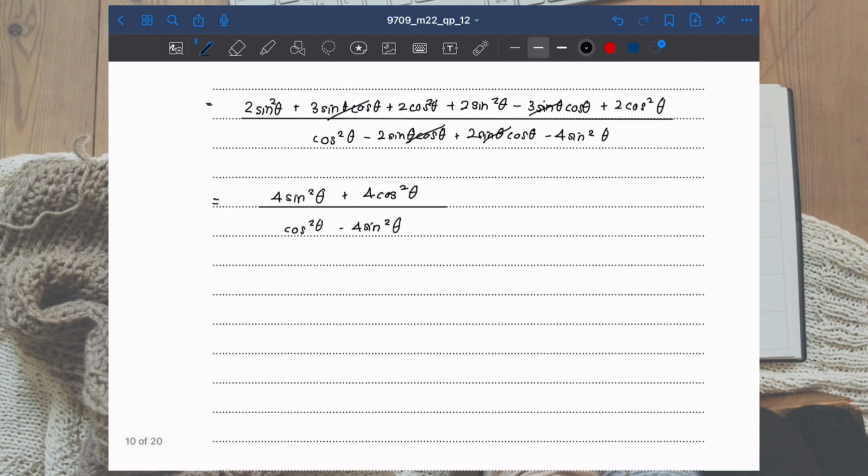Now in this stage, we can use the trigonometry identities. So sin² θ plus cos² θ is equal to 1.